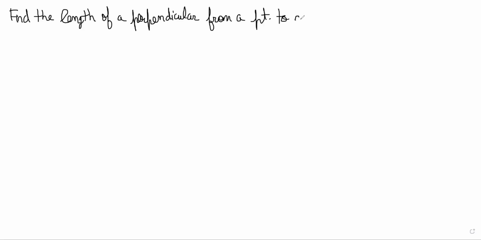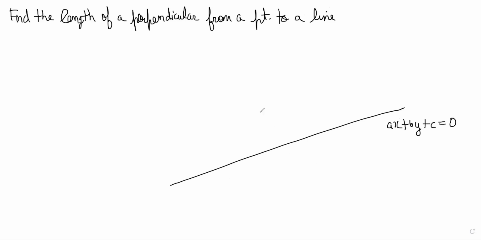Now what we do is an important theory thing: find the length of a perpendicular from a point to a line. So let's say we have a line like this. It is ax plus by plus c is equal to 0.